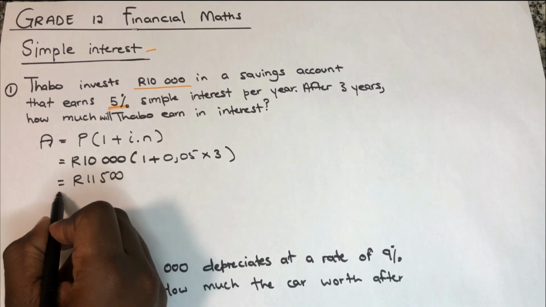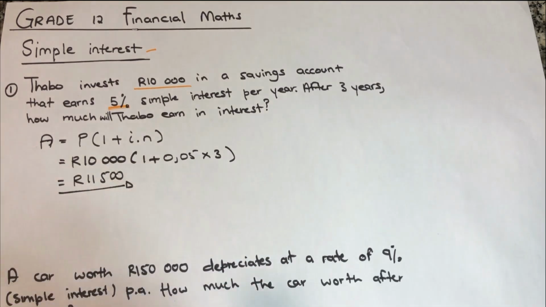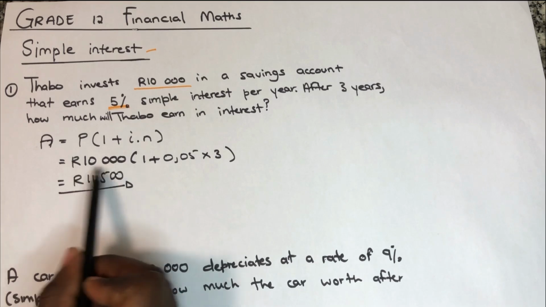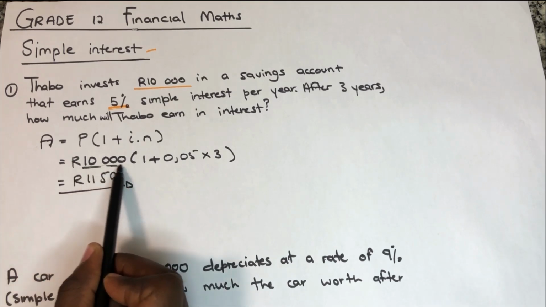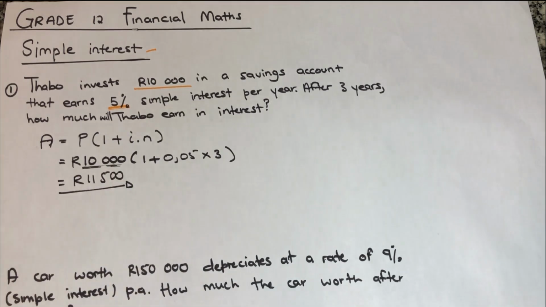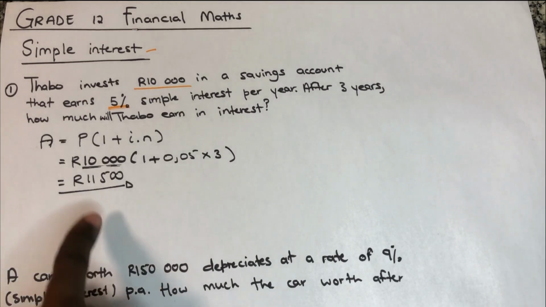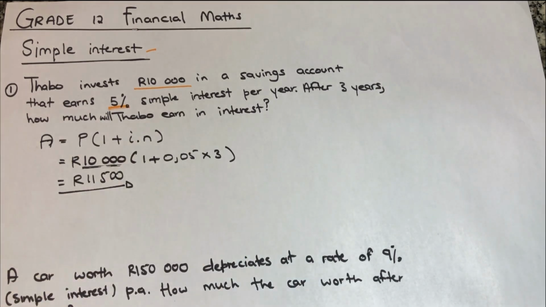11,500 rands, and that's how it goes. In this case, remember that we have to look for the interest. Initially the amount that was invested is 10,000 rands. So how much has Thabo earned? Thabo has earned 1,500 rands. Why?